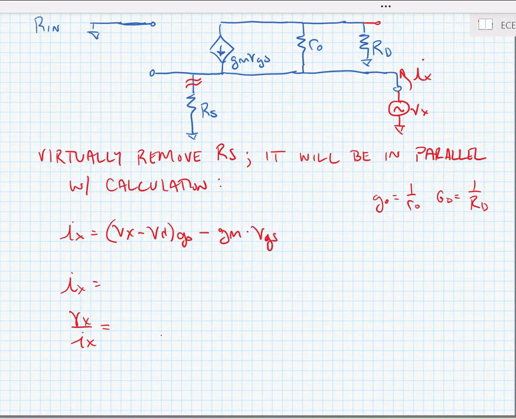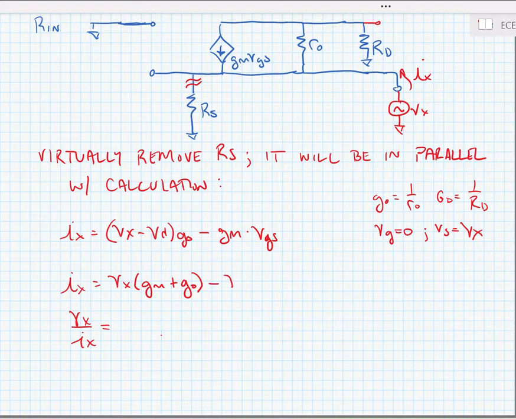Of course, we note that Vg is equal to 0 since it's grounded, and Vs is equal to Vx. We can do a little bit of rearranging here and show that Vx times Gm plus Go minus Vd times Go is equal to Ix.